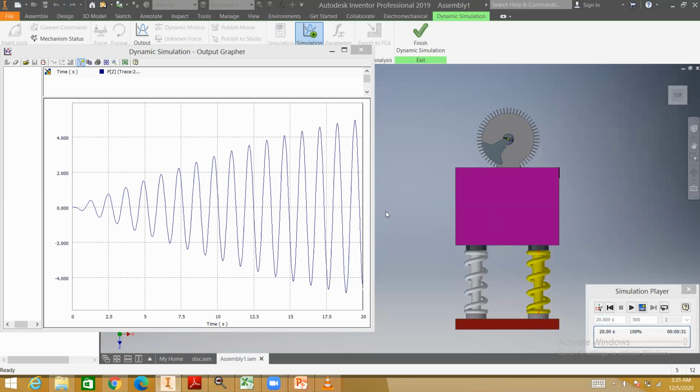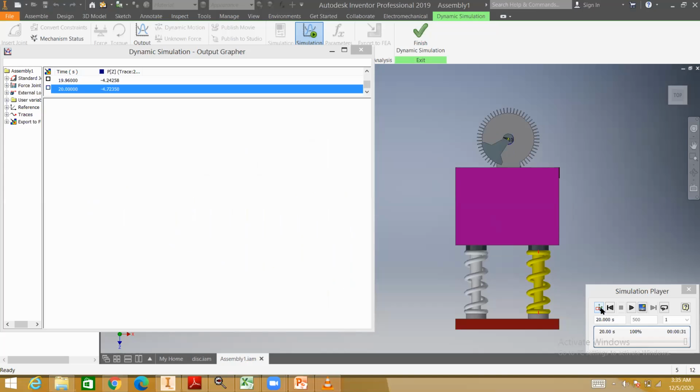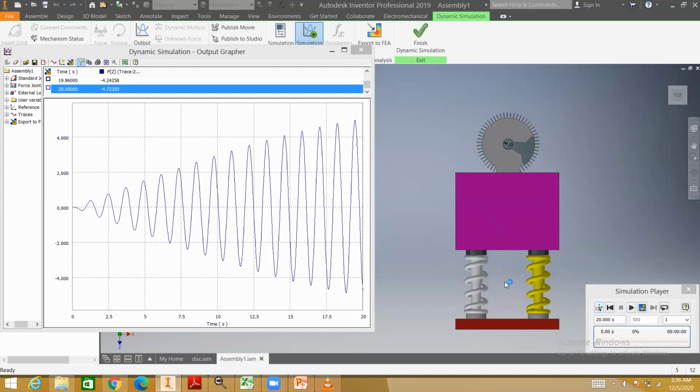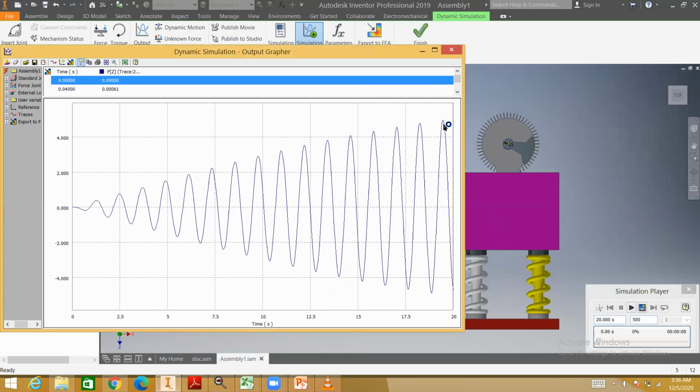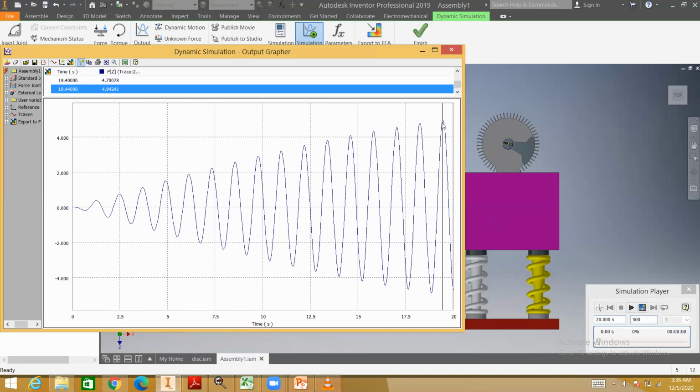You can observe that at or near the natural frequency, we get the maximum value of the displacement. This is 4.94, so near about 5 mm.